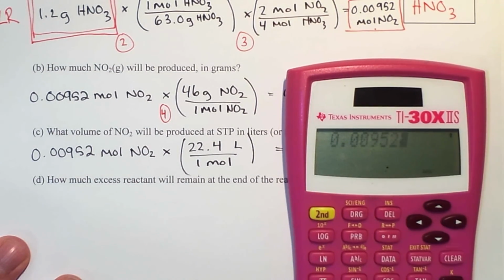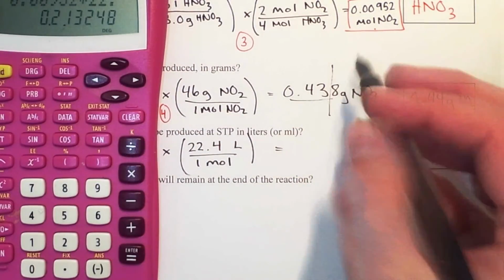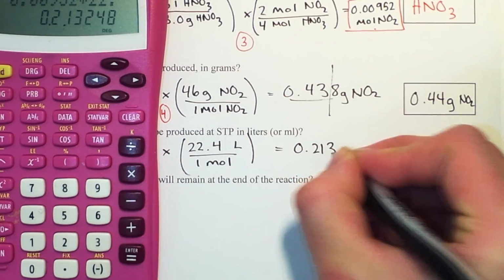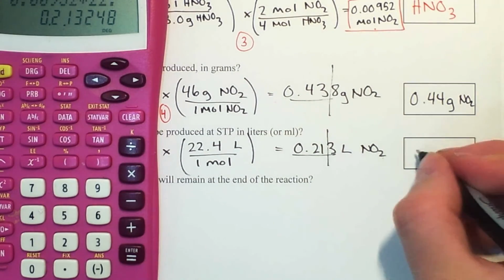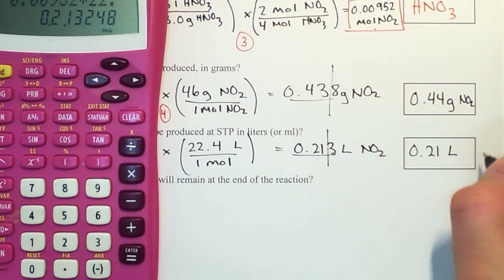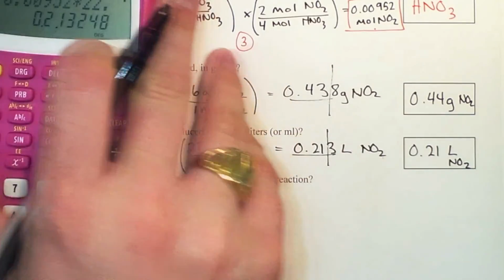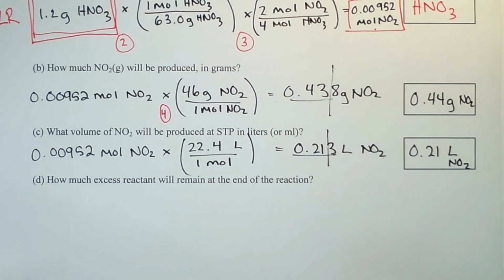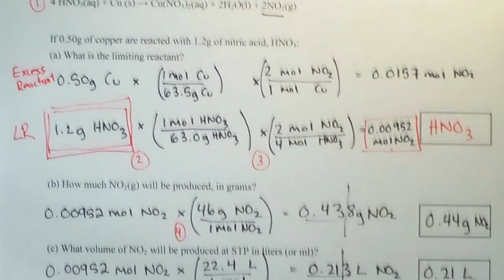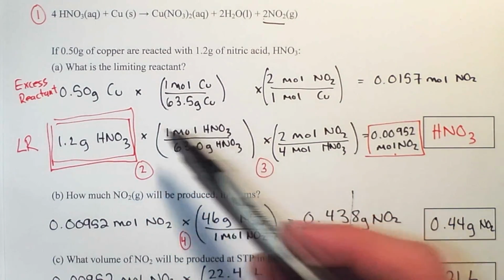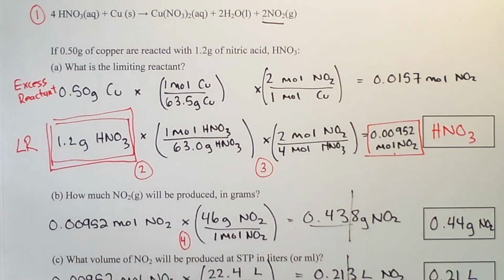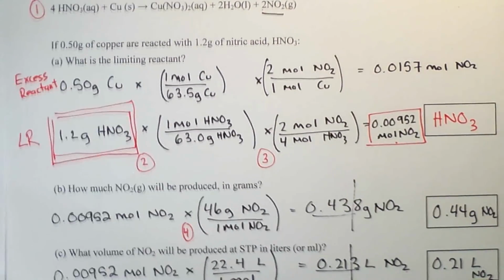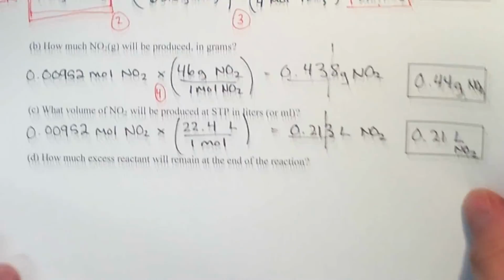So 0.00952 multiplied by 22.4 equals 0.213 liters of NO2. Still have 2 significant digits, so 0.21 liters NO2. Again, the difference from a regular stoichiometry question, or at least one where we don't have to worry about limiting reactants, is just this first step. Once we've determined the limiting reactant, we know what we have to do.